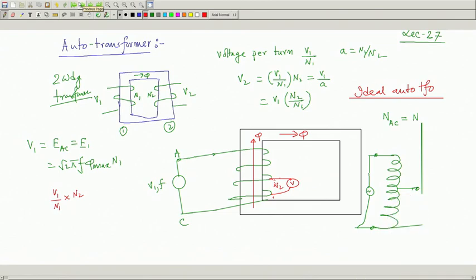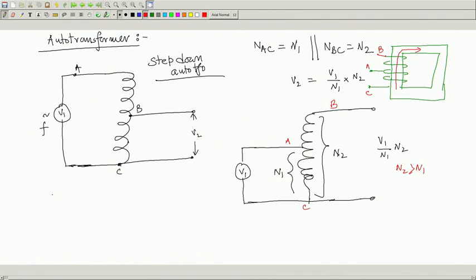Therefore, it is natural then that I now have two options. Suppose somebody says to me that I have 200 volt supply and my load requires 100 volt. Then I have two options for the solution. What are the two options?